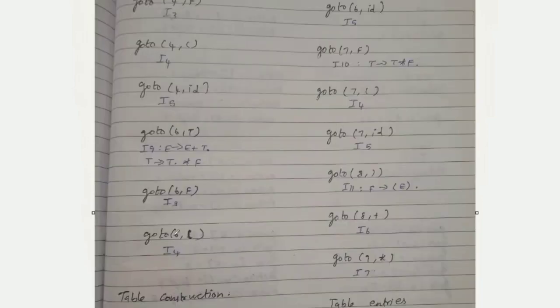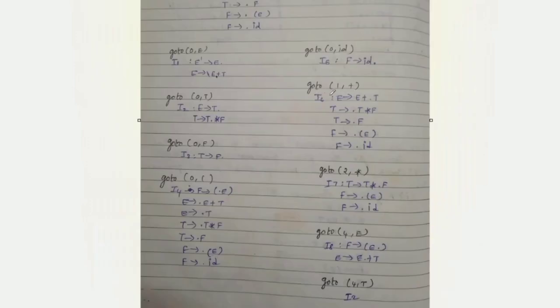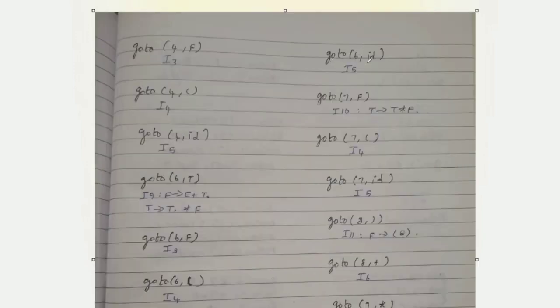Then write go to 6 comma open bracket I4. Next a transition, item number 6, symbol name ID. We move dot. You will get the production F tends to ID dot, which is already in item number 5. Then go to 6 comma ID going to be item number 5.